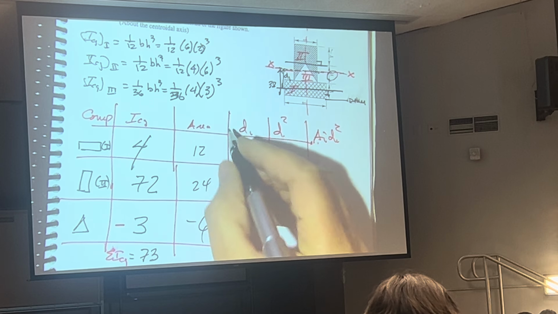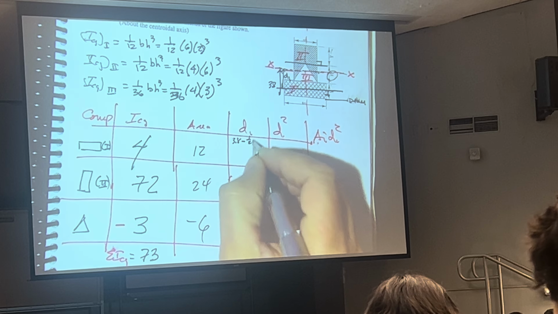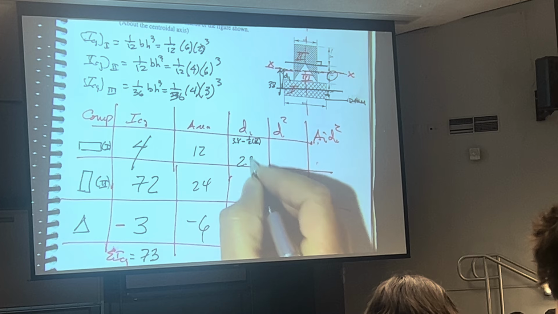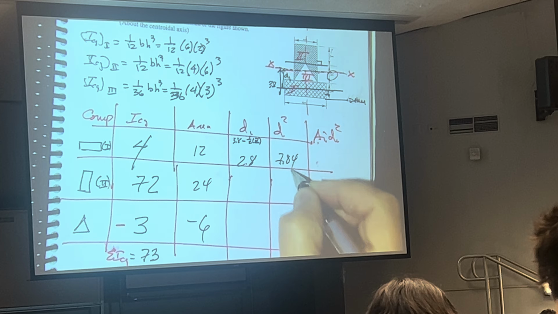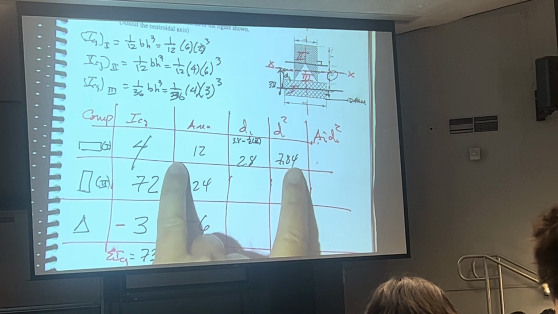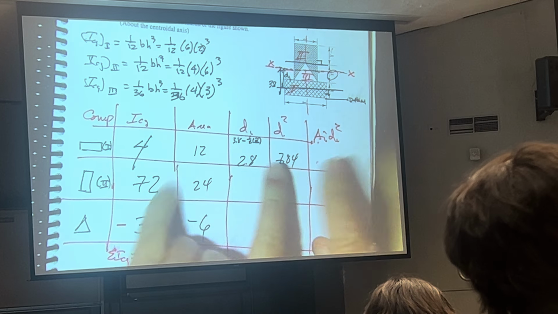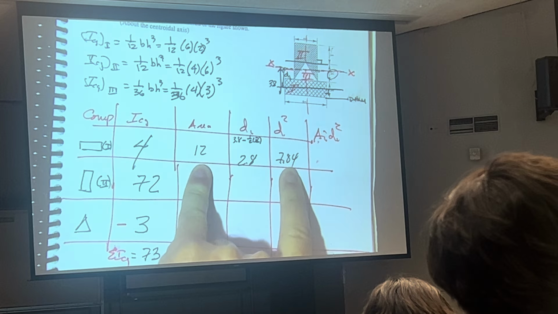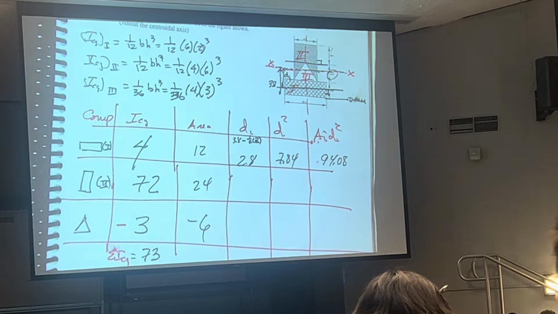So DI here is 3.8 minus 1/2 of 2 in essence, which in this case is 2.8. I gotta square it, 7.84. Then I gotta multiply it. Notice how I use my fingers. You don't know how many times I get people multiplying these two numbers together. No, it's this number and that number to get this number, 94.08.